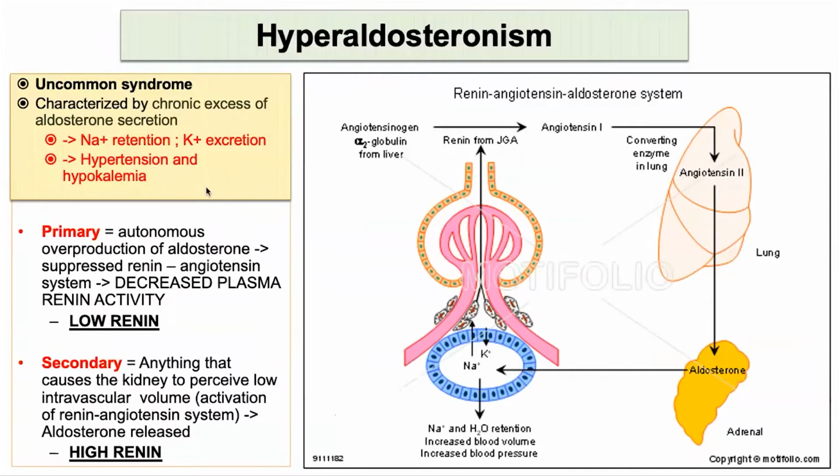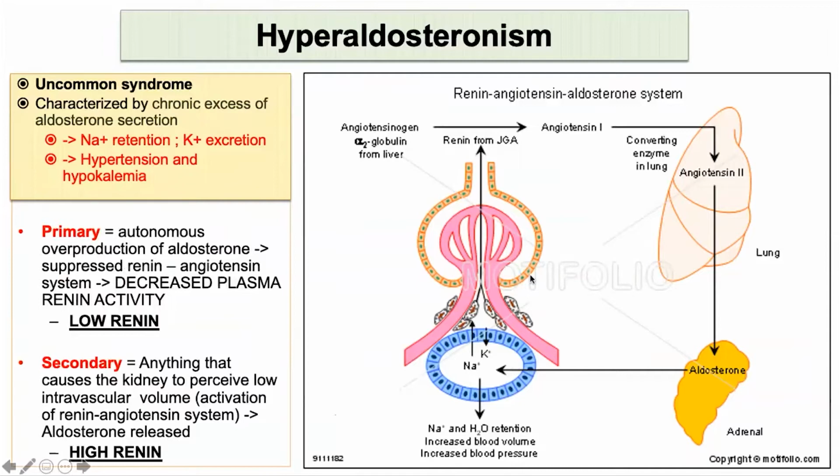All right, but secondary hyperaldosteronism is any condition in which the kidney perceives that the body volume is low.